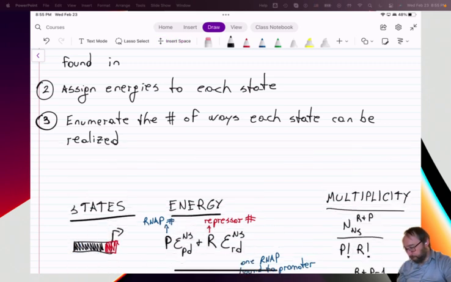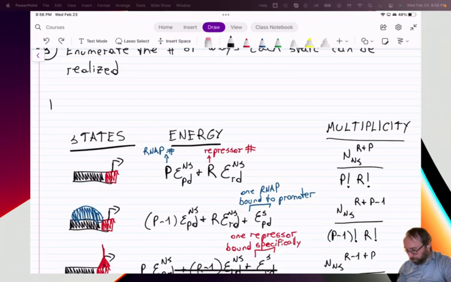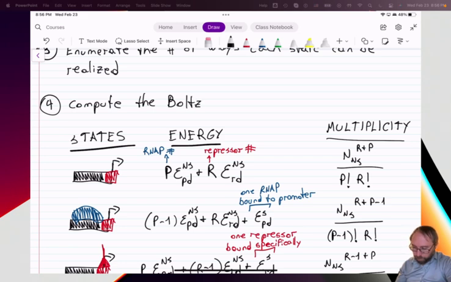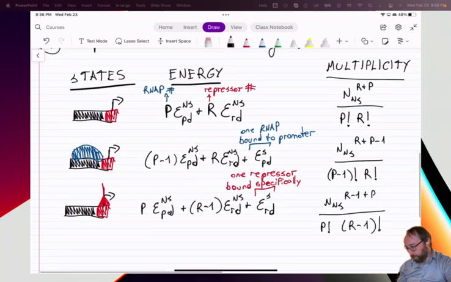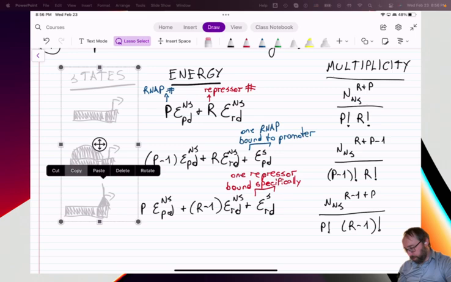So the last step of the protocol was to compute the Boltzmann weights. Okay, so I'm gonna start a new line for this. Copy this.